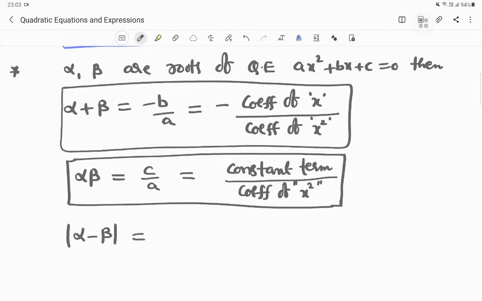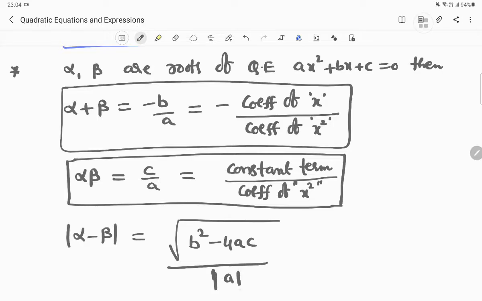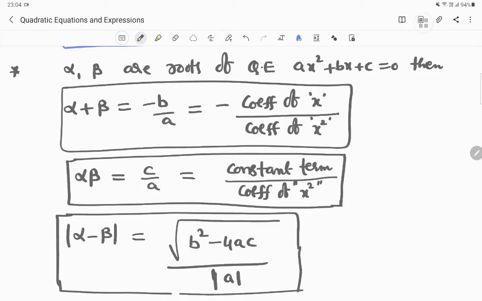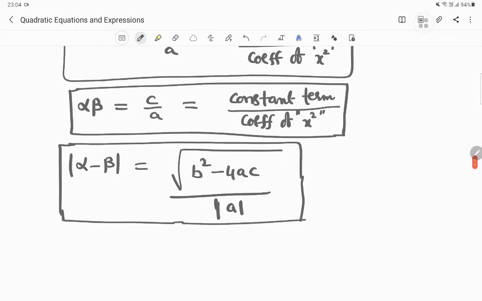So in this, if you substitute alpha plus beta and alpha beta and simplify, you will get root over b square minus 4ac divided by mod a. This is the difference of roots: mod alpha minus beta equals root over b square minus 4ac by mod a.